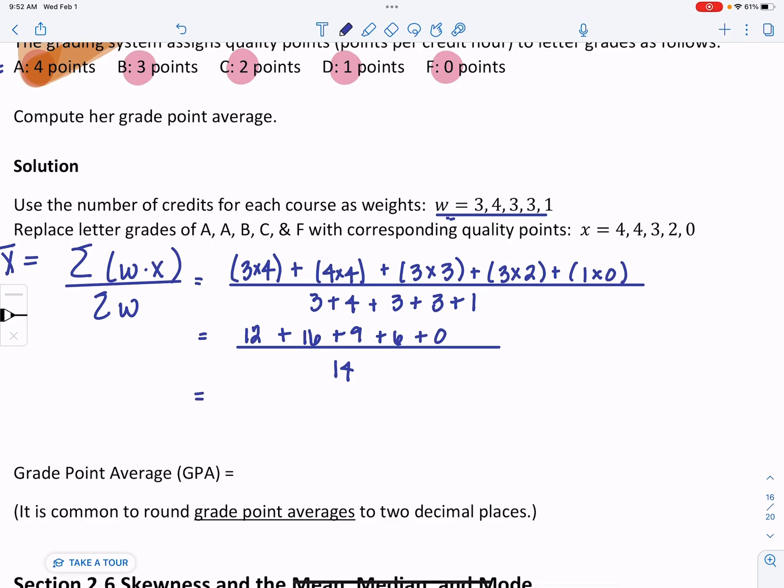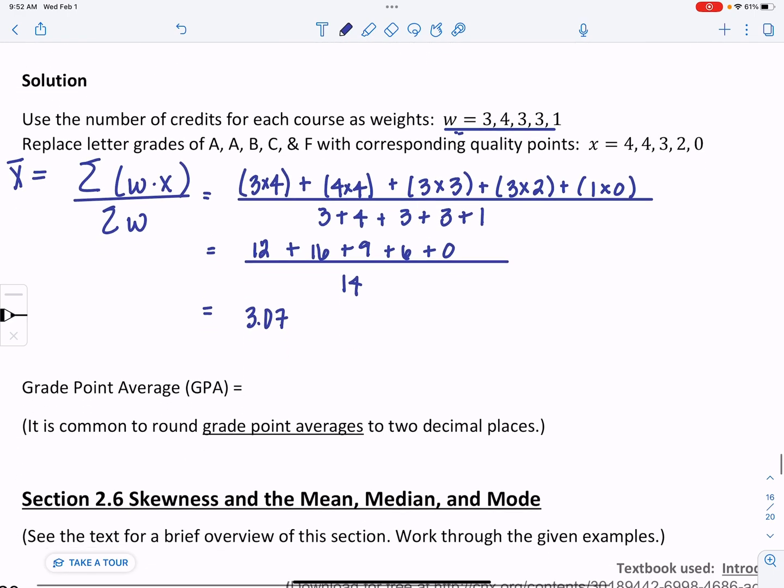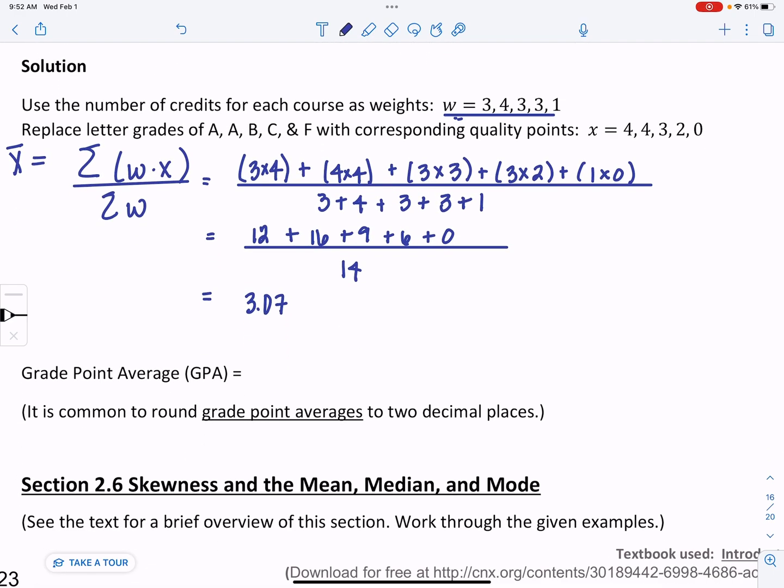So the magic of our calculator. We end up with a GPA of 3.07. Now you might be thinking, Ms. Graham, in the last example you said we have to round to one place past the data values. Wouldn't that just be one decimal place?